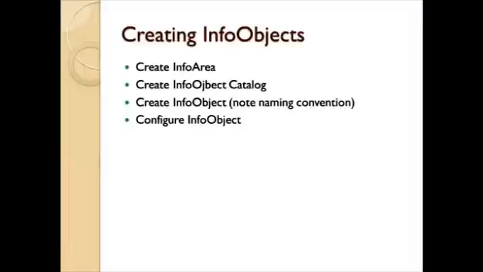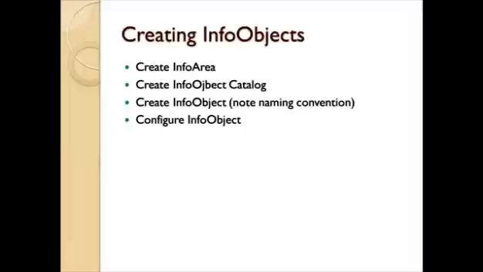In practice, notice that we'll have to do that as a first step. But again, you can skip that in the assignment. After that, you create an InfoObject catalog under your own info area, and then you can create an InfoObject following the example in the book.